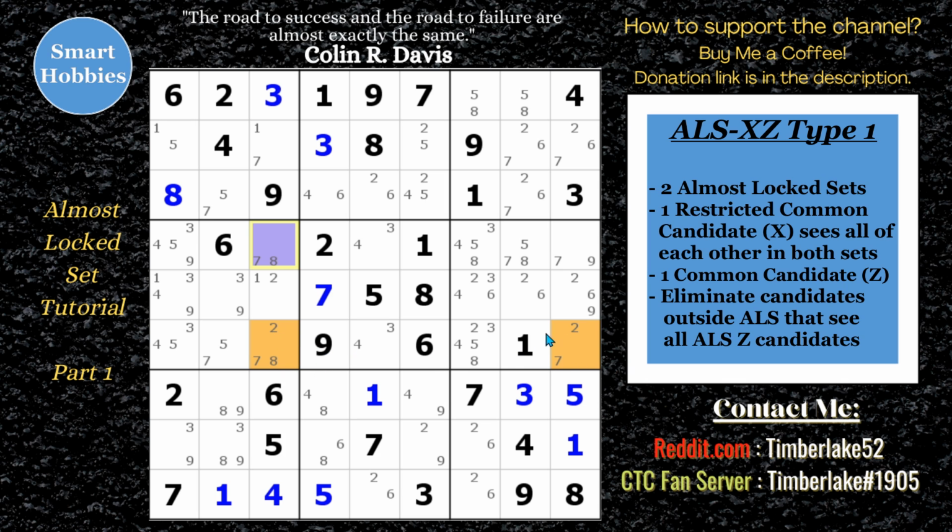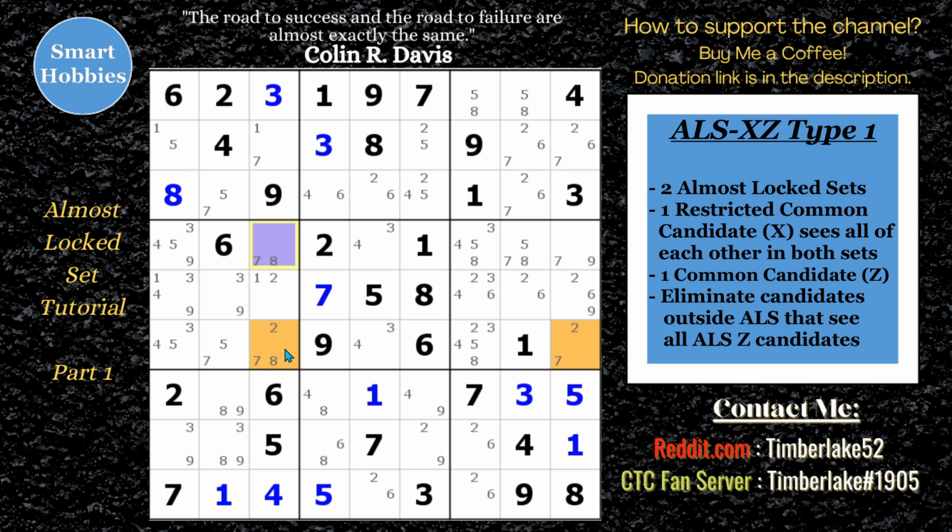Well, it's not the 2 because the 2 is just in the orange. It's not the 7 because this 7 doesn't actually see that 7. It's the 8, right? So this 8 is the restricted common candidate. And that's good to know. That's what we call the X candidate.